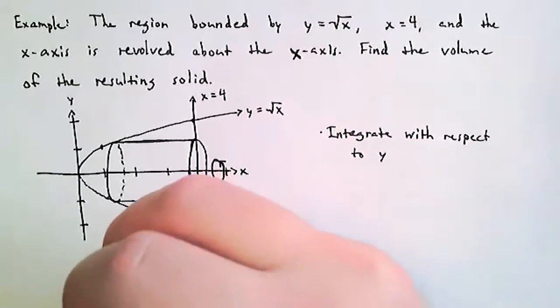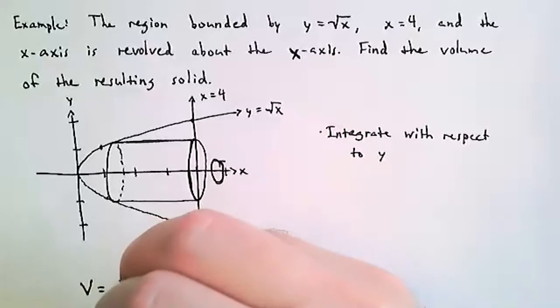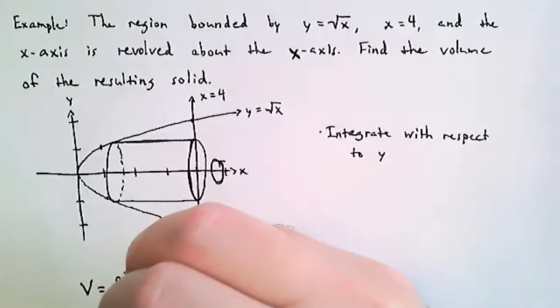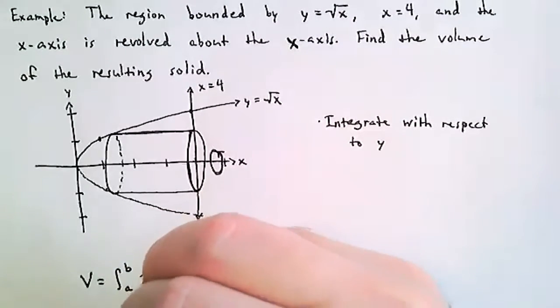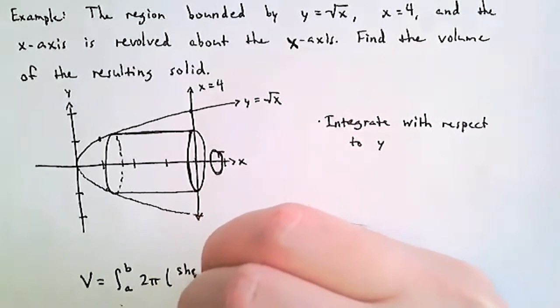So let me go ahead and write down the formula down here so we can see what we're missing and what we need to fill in. So we still have 2 pi times the shell radius times the shell height.